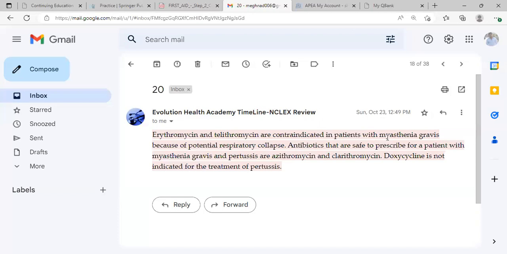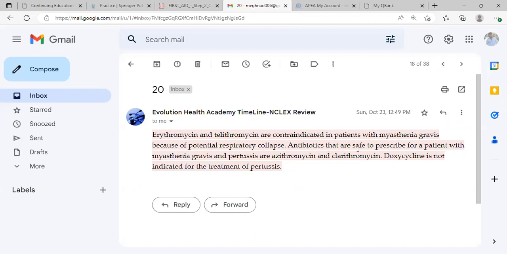If my patient has myasthenia gravis, and you know myasthenia gravis patients die because of weakness or paralysis of respiratory muscles, so it is good not to give them erythromycin because of the chance of potential respiratory collapse.